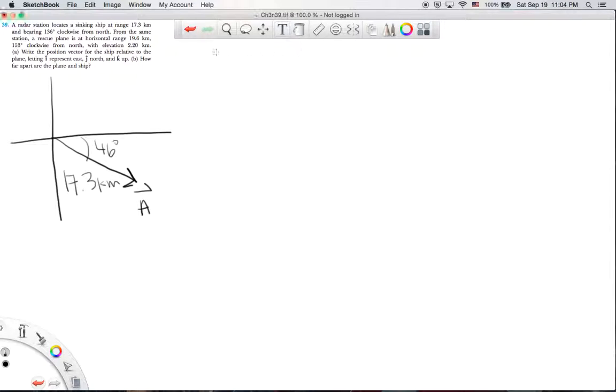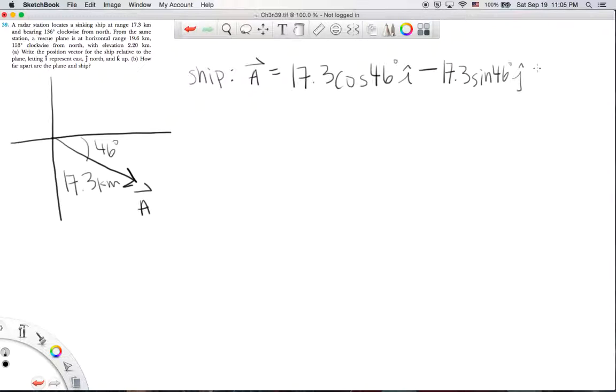So if we write vector A in component form, we'll get 17.3 cosine 46 degrees i hat minus 17.3 sine 46 degrees j hat plus 0 k hat, because there is no elevation for the ship.